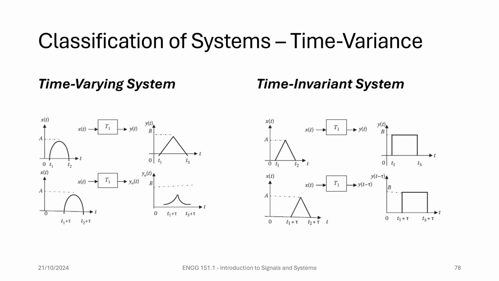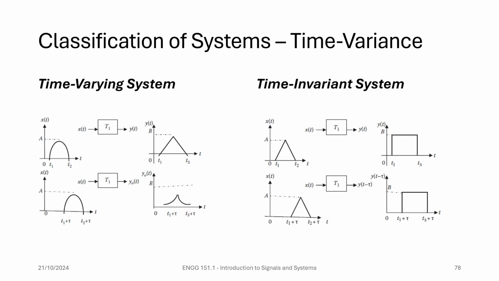Unlike kapag time invariant naman yung ating system, if we have, let's say, a triangular pulse from T1 to T2, the output is a rectangular pulse also from T1 to T2, on the same time reference.